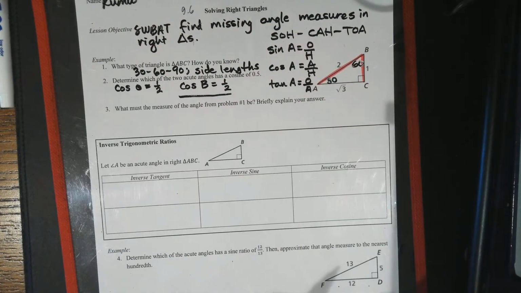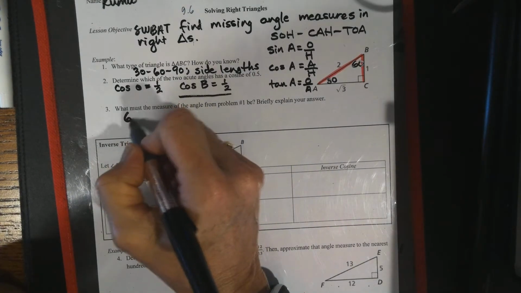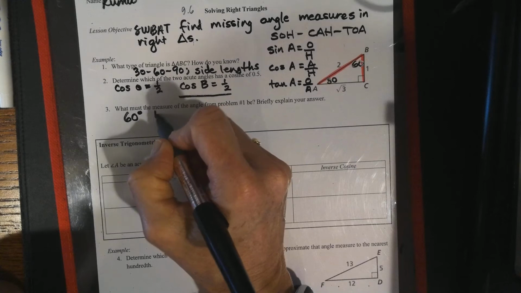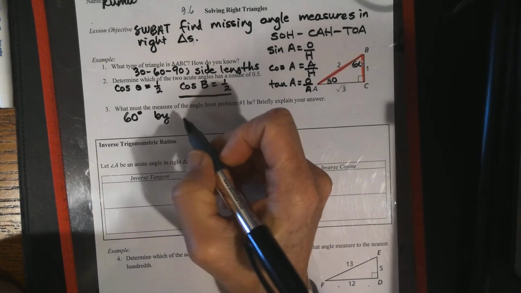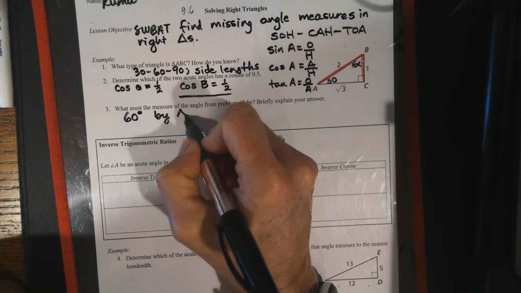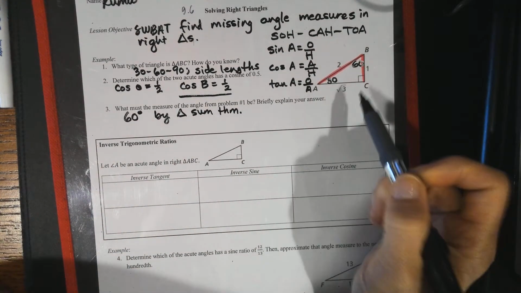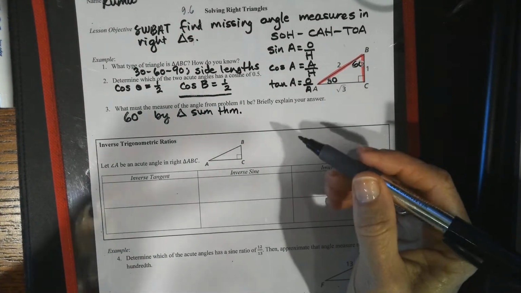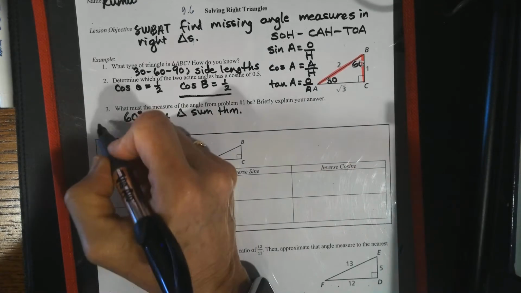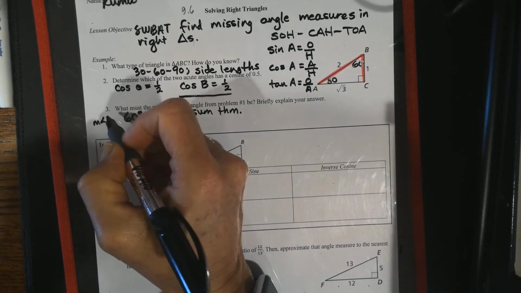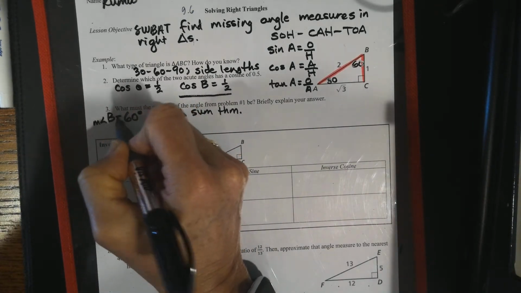The question asks what must be the measure of the angle from problem 1B. It has to be 60, by the Triangle Sum Theorem, which means they have to add up to 180. So write: measure of angle B equals 60.